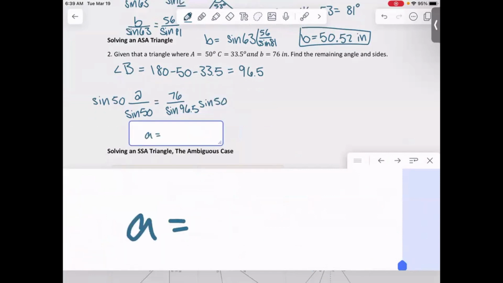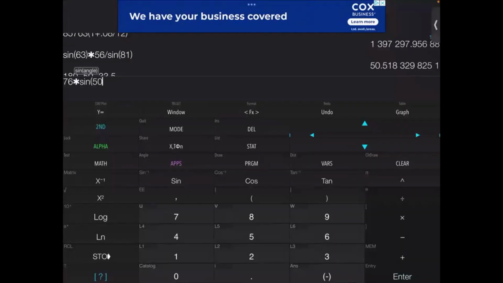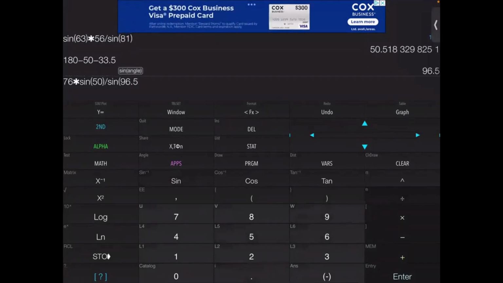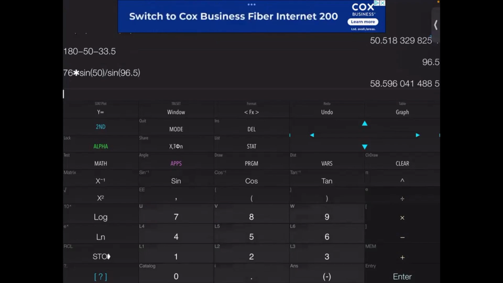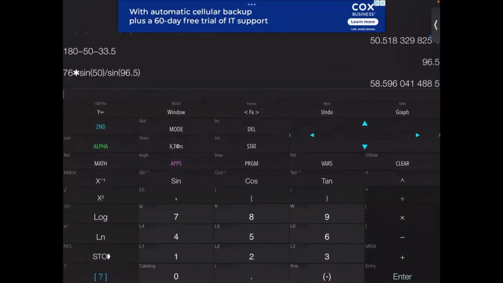So A is going to be 76 times the sine of 50, all divided by the sine of 96.5. So we get 58.5. It actually rounds to 6, so 58.6.